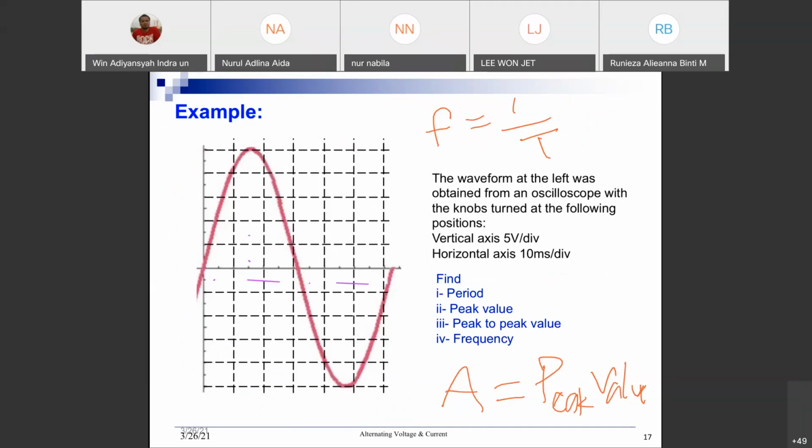Okay, frequency just now. Wow, who answered that one? Okay. 1 over 60 milli. Convert to second. So 1000 over 60, so 100 divided by 6. 100 divided by 6 is, am I correct?